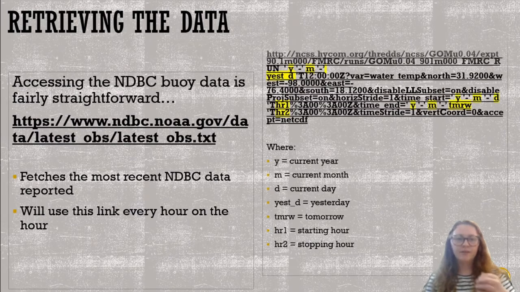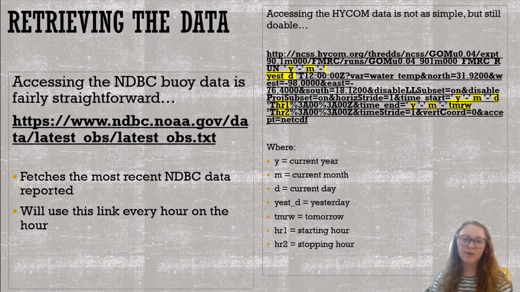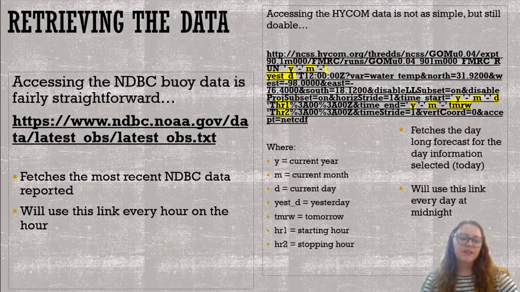The next thing that we have to do, though, is access the HYCOM data, which is not as simple as just going to a link. The link actually has to be built by using time variables, but it's still completely doable. And so this link that I've built here will fetch the data for a day-long forecast, and I'll access this link every day at midnight, and then as the NDBC data comes in, it will be compared to the HYCOM data that we already have.